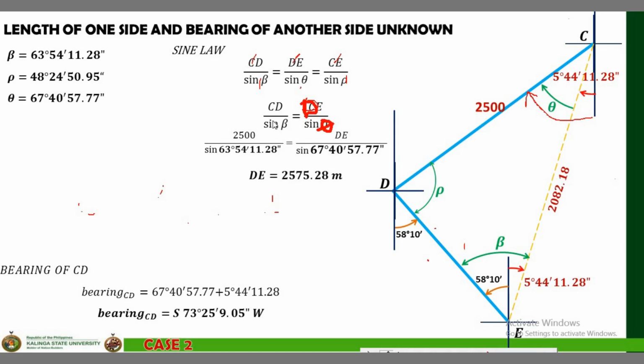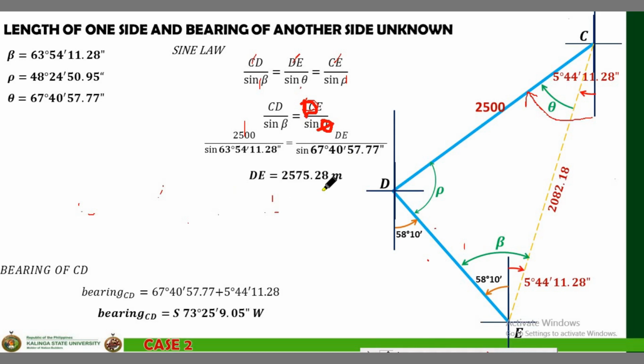So, if you're going to substitute, CD is 2,500, beta is 63 degrees, 54 minutes. Unknown ko si DE, and theta is equal to 67 degrees 40 minutes. If you try to input that in your calculator, makikita ninyo that DE is the same as 2,575.28 meters.